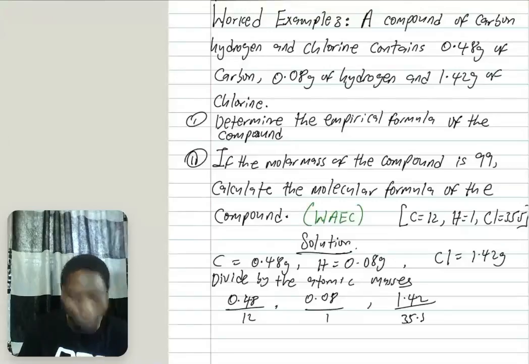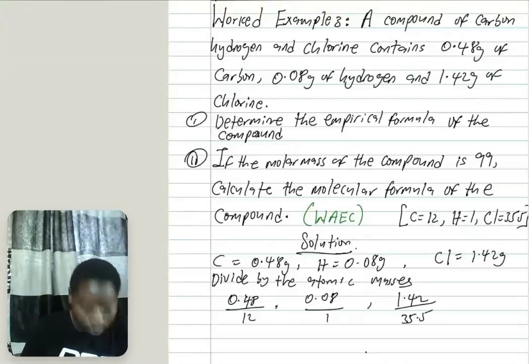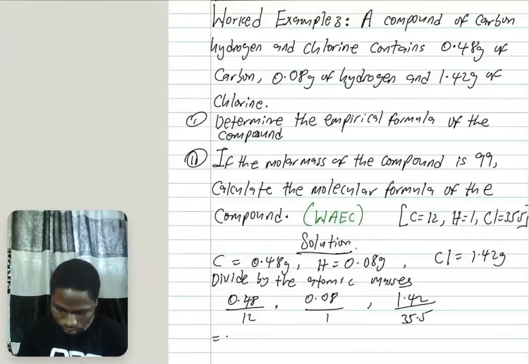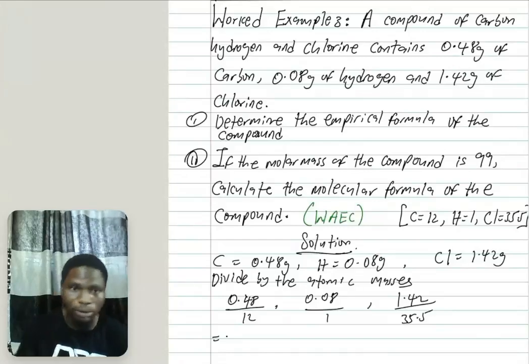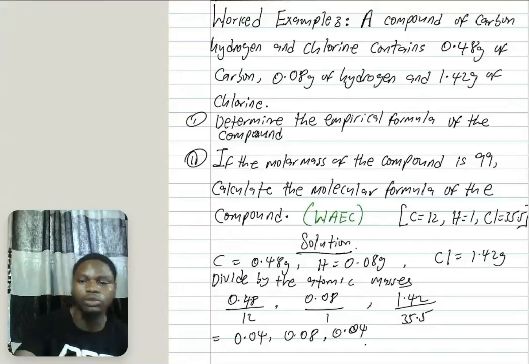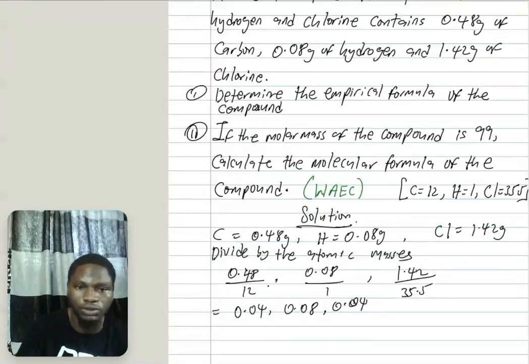So this is 35.5. Punching this into my calculator, 0.48 divided by 12 will give me 0.04. This will give me 0.08. Then 1.42 divided by 35.5 is also 0.04. So from here, you divide by the lowest.